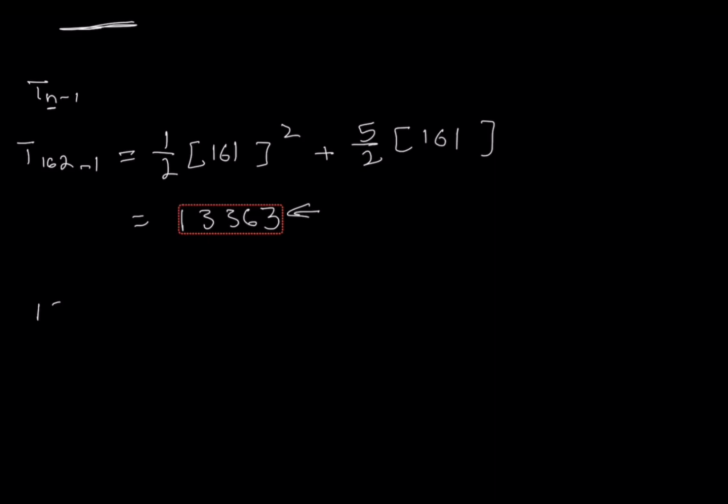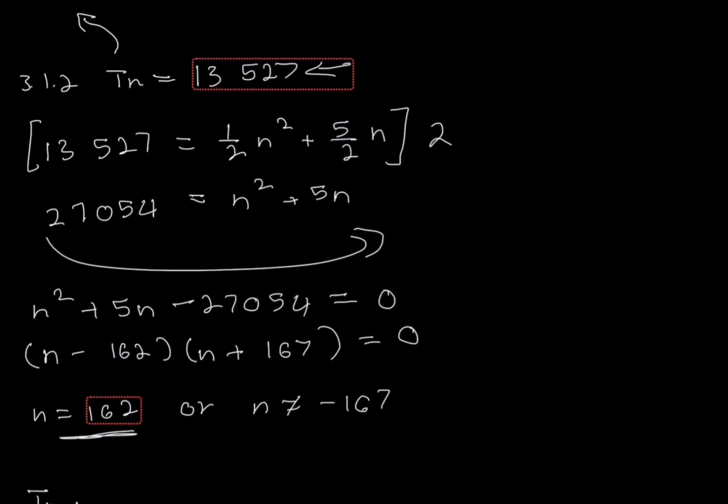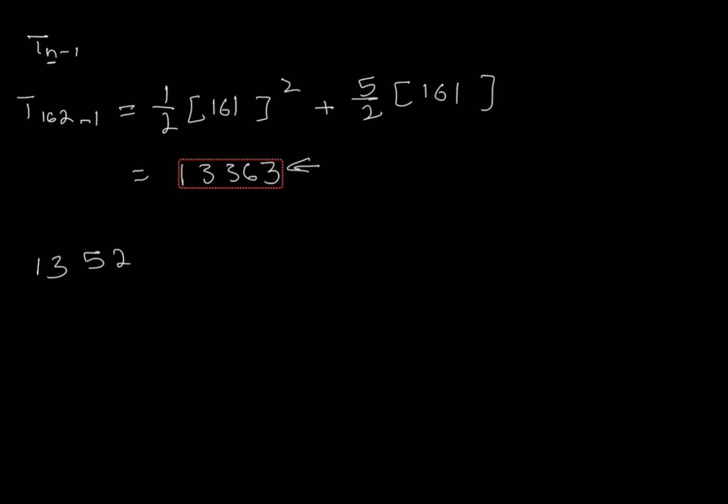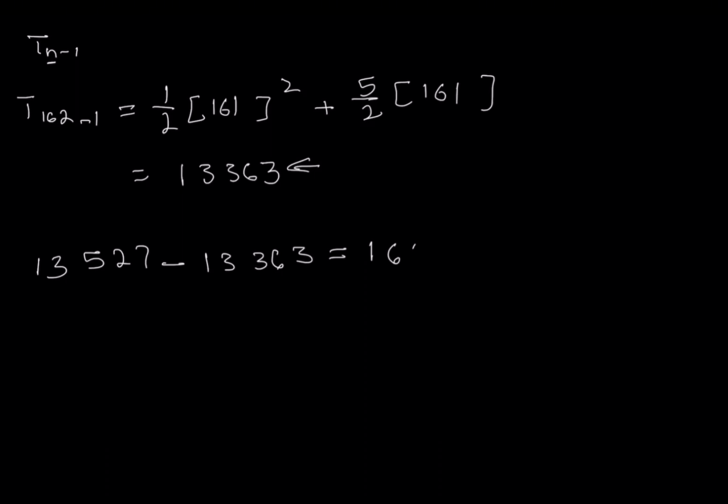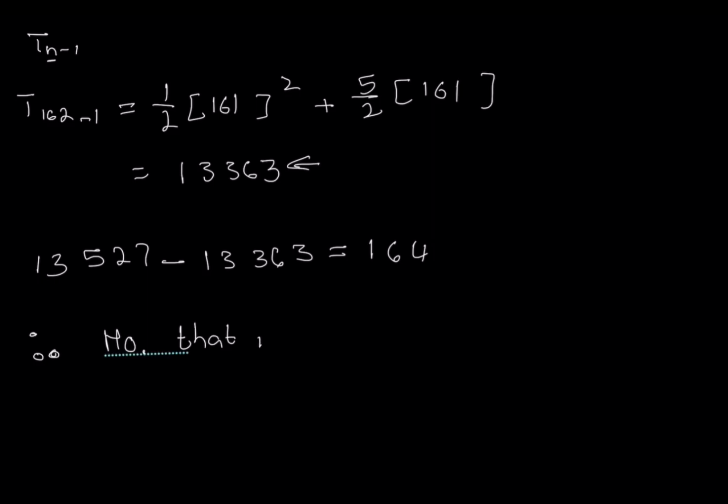So it's going to be 13,527 minus 13,363, which is equal to 164. So therefore, we conclude that the number that must be added is 164. And then you are done. All right.